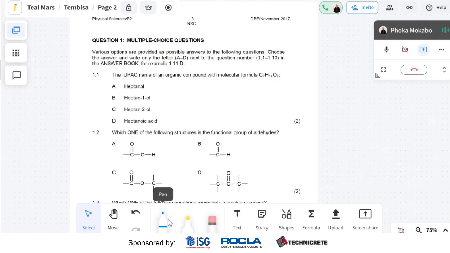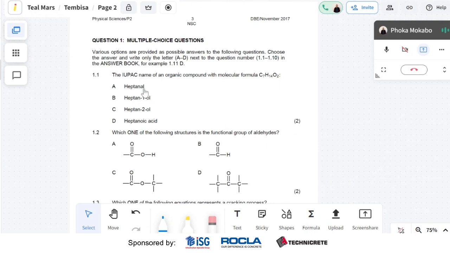So what we'll then do is look at the general formulas of each of these and try to figure out which one this specific example matches. What do I mean by a general formula? It's simply the formula that is used to determine any member of a functional group.